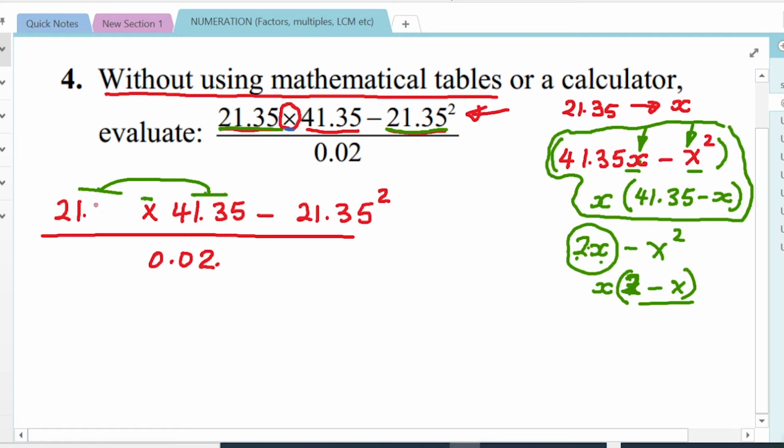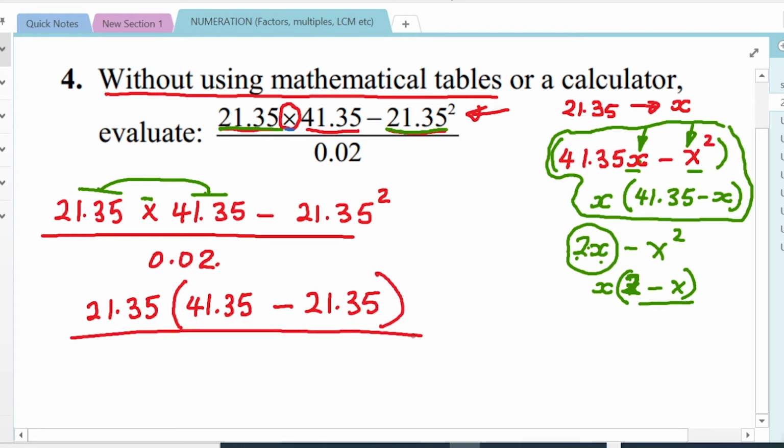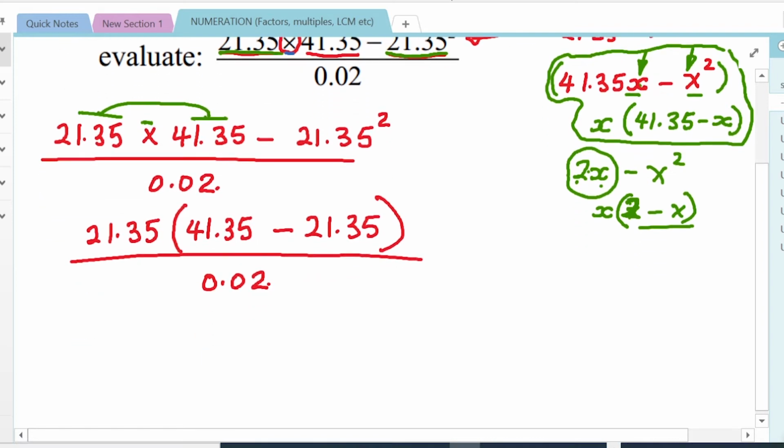This is 21.35, yeah. So it means that this is going to become 21.35 put outside the brackets, multiplied by what remains here: 41.35 minus 21.35. Divide that by 0.02, like that.